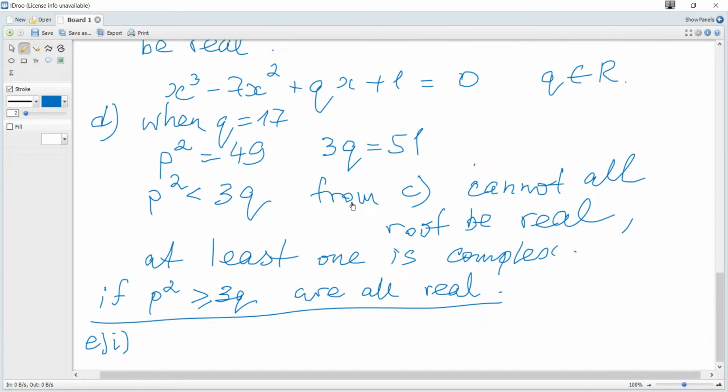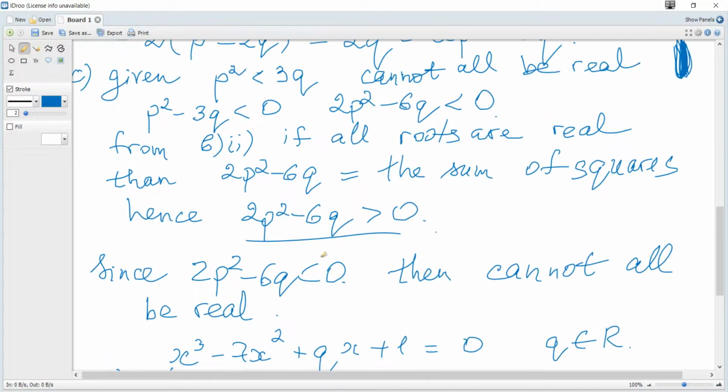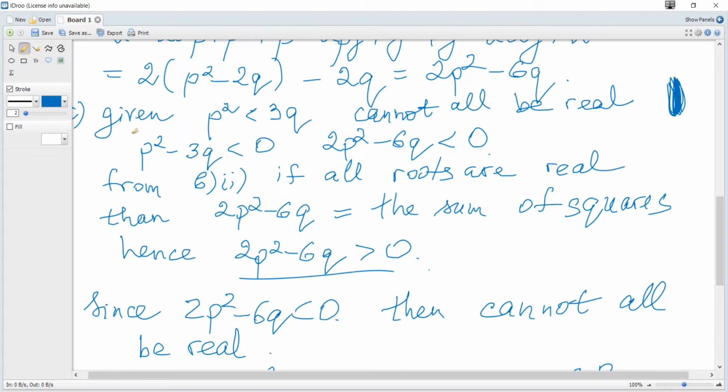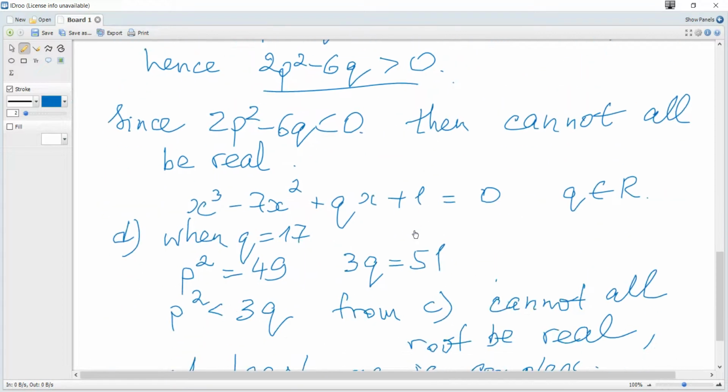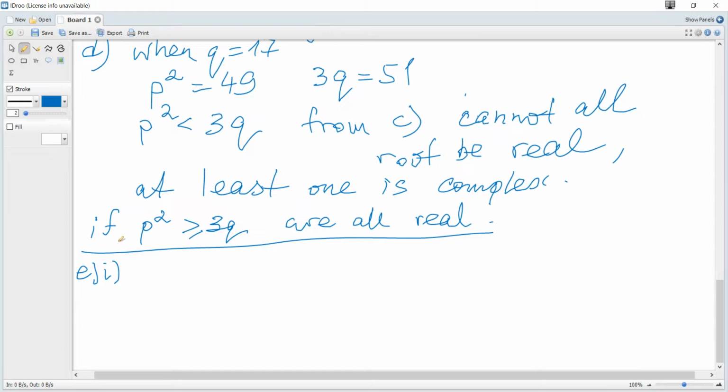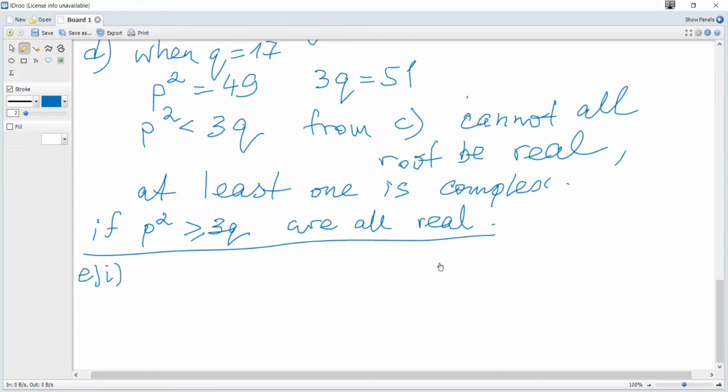2 marks. It's definitely a true statement that if p squared is less than 3q, then not all roots can be real. And its opposite statement, if p squared is greater than or equal to 3q, the conjecture is that all are real.